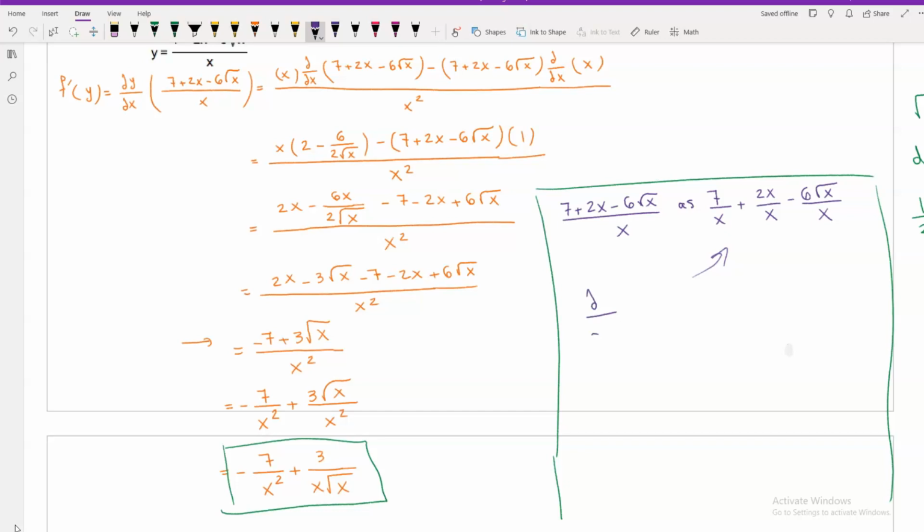So the derivative of 7 over x. Here we have, simplify that one, that is 2.